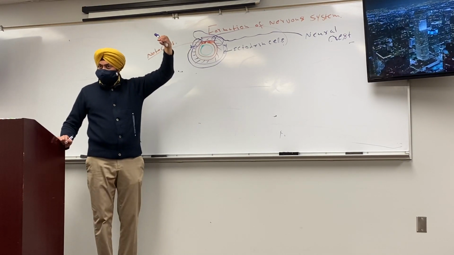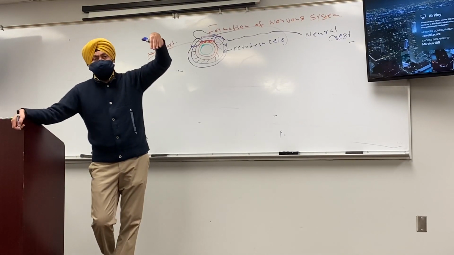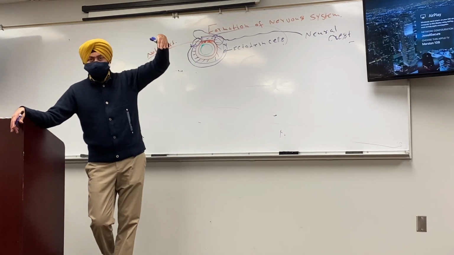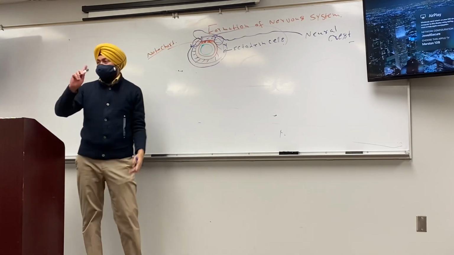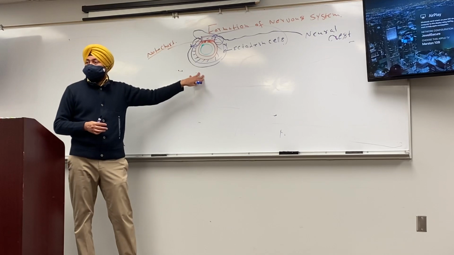We said if you have both BMP and Wnt signaling inhibition, you get brain. If you get only Wnt signaling inhibition, you get the spinal cord, right? So this part here does not have any inhibition of the BMP.